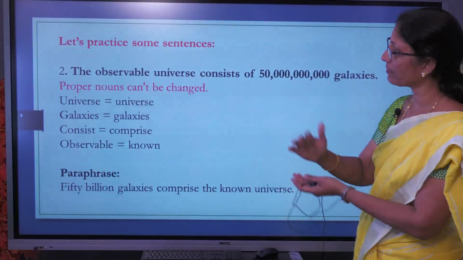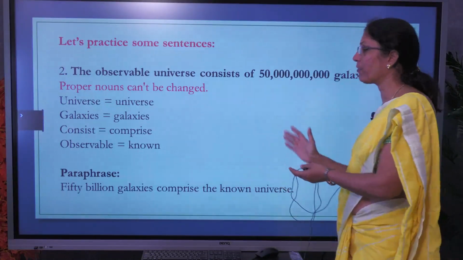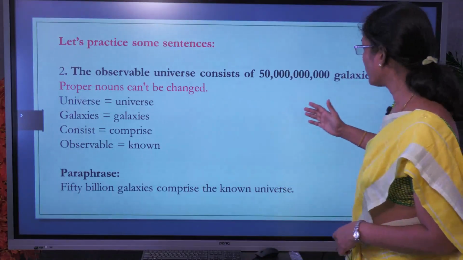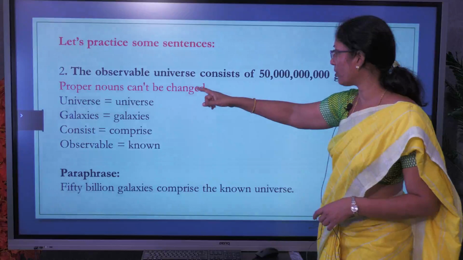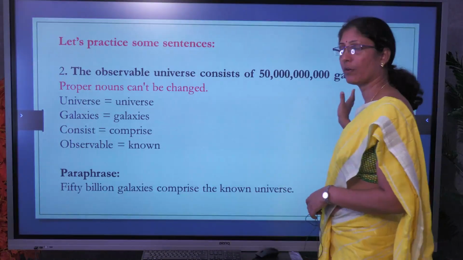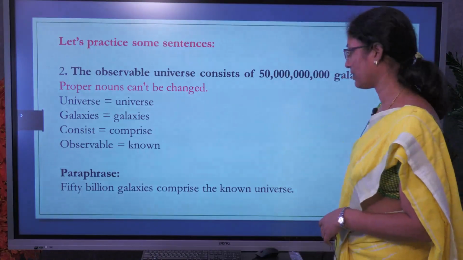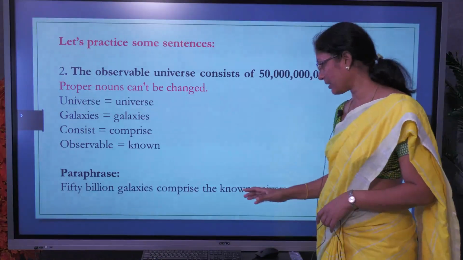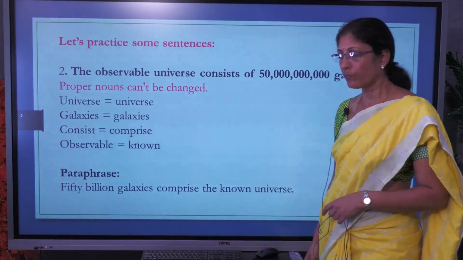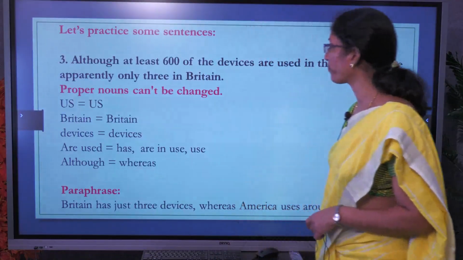The idea is not changed, but the word order is changed. We start with the observable universe, that's the subject. This is the predicate. So from this we made a sentence: 50 billion galaxies comprise the known universe.